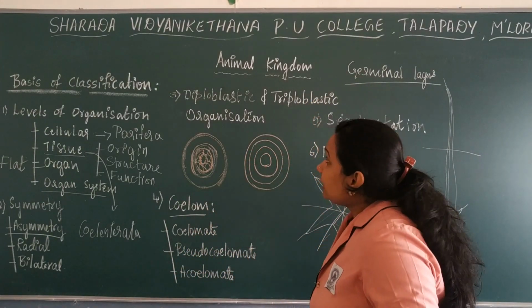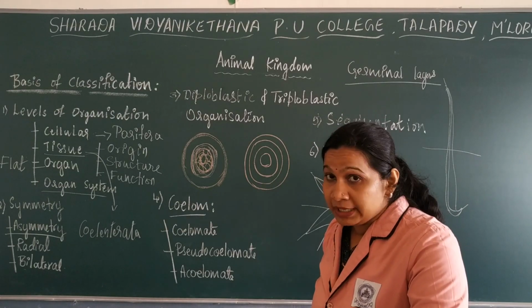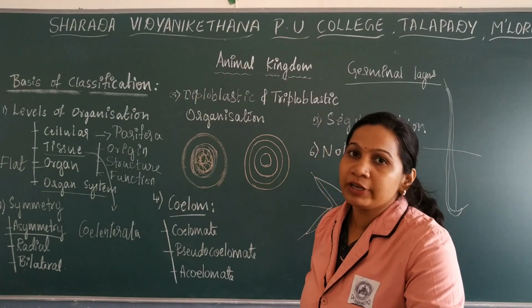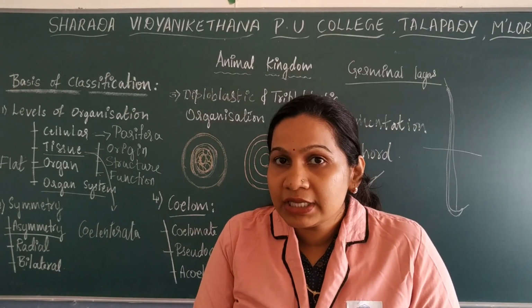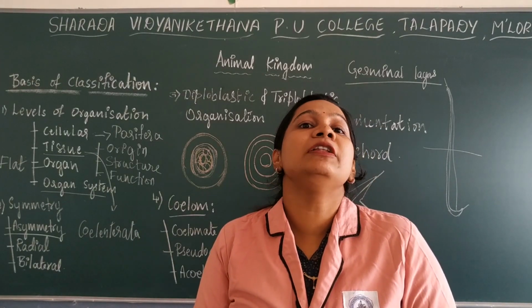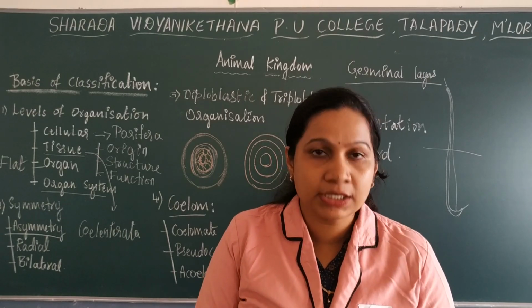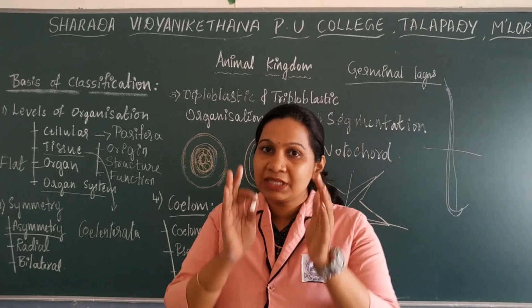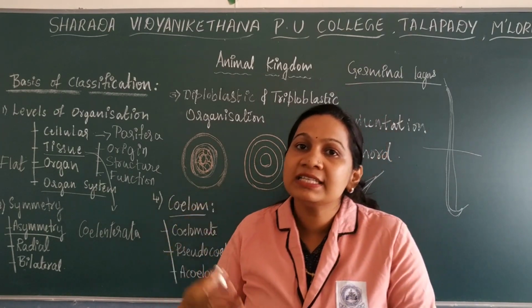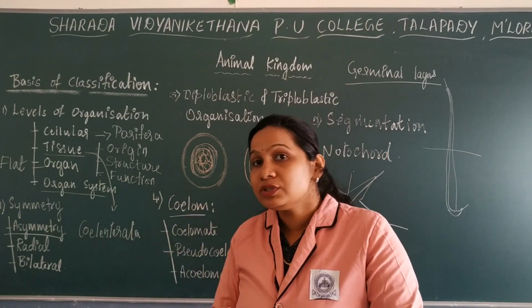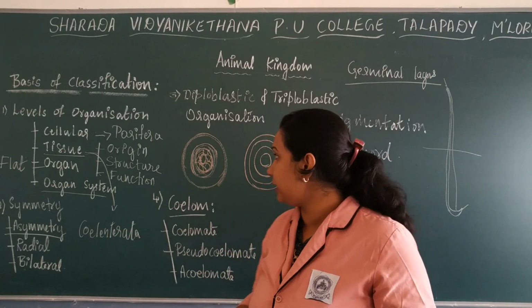Germinal layers are nothing but germ layers, especially in the embryonic stage of each and every organism. In the embryonic stage, organisms form germ layers, and from these germ layers different organs will be developed in the future. Organogenesis starts from these germ layers, right?